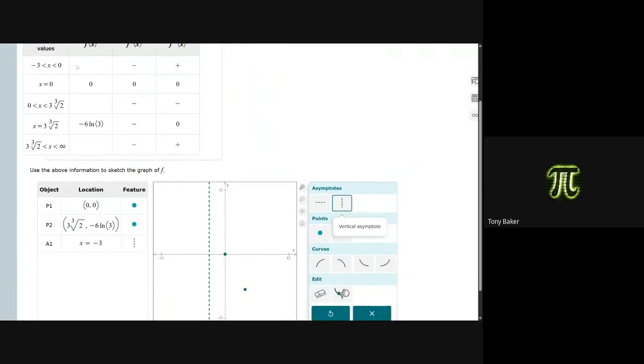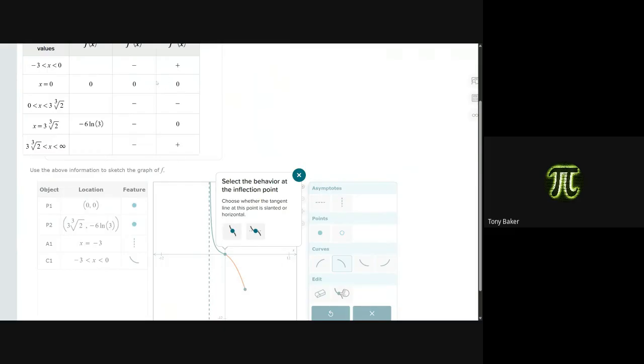All right, so from -3 to 0, it is decreasing and concave up. From 0 to the next point, it's decreasing and concave down.